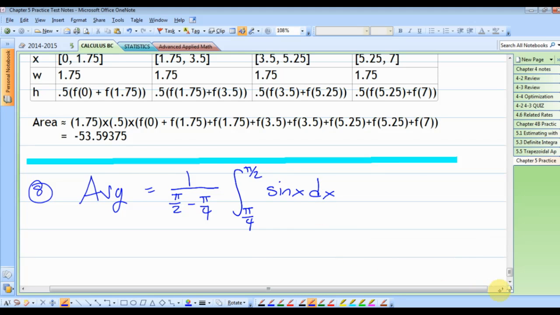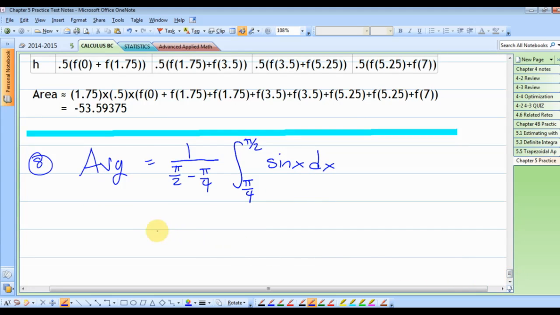You should be able to do this by hand. This is equal to 1 over pi quarters times the antiderivative of sine, which is negative cosine x, from pi quarters to pi halves.